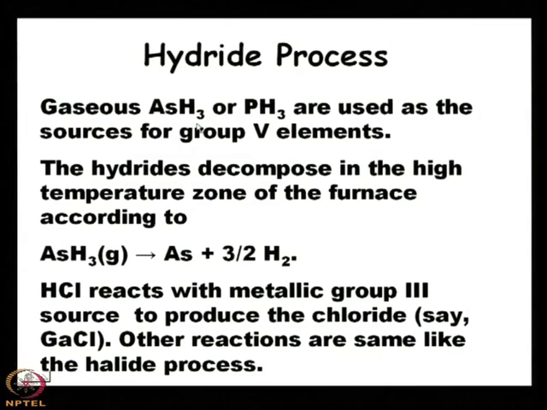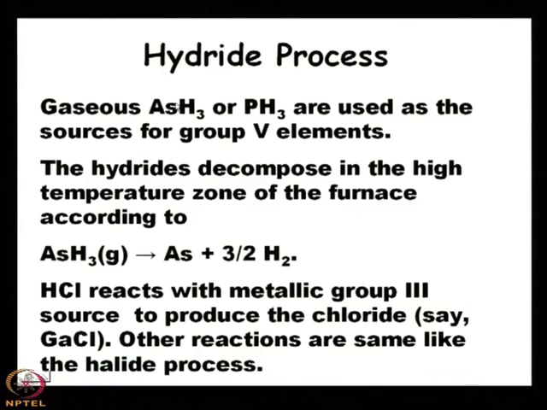In case of chloride we have used AsCl3, arsenic chloride. Here it is the arsenic hydride, that means arsine, or the hydride of phosphorus, that means phosphine. So, all the time we are using the group 5 elements either in the halide form or in the hydride form.